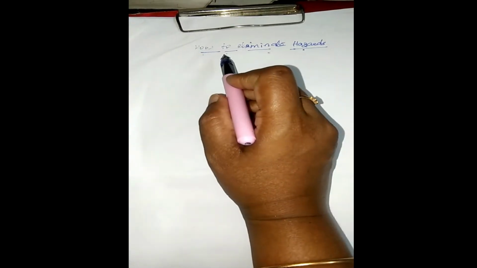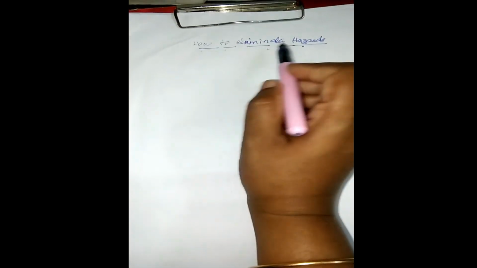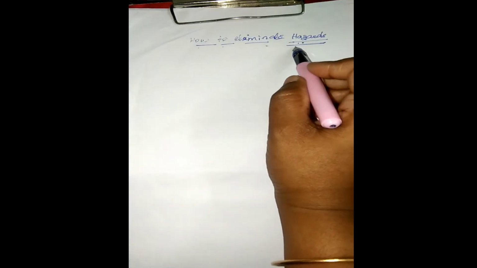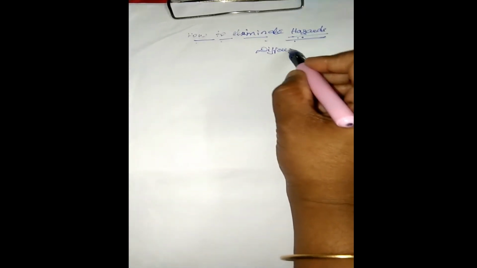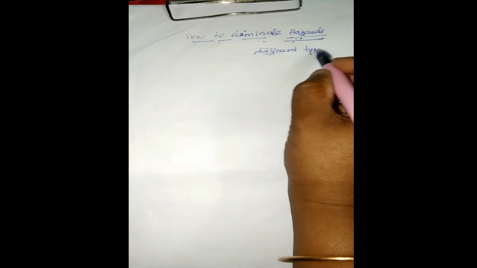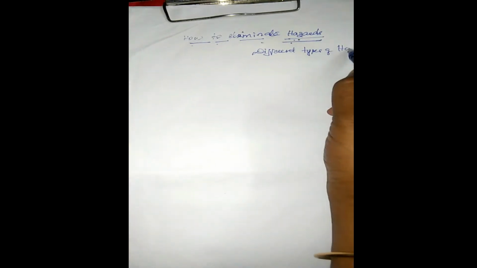Students, you would have seen my previous videos on hazard. I would have explained what a hazard is and what exactly causes it, and we would have seen the different types of hazards and how to overcome them, taking a simple example.